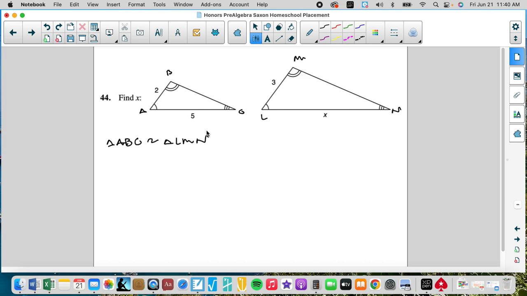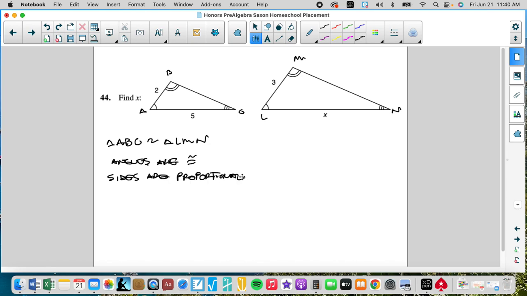And what that means is the angles are equal or congruent, is what they say, and the sides are proportional.